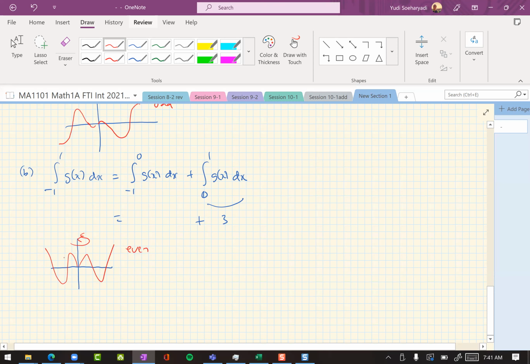Or you can just say reflect. So of course this has the same area. So it is going to be 3 also. So 6.